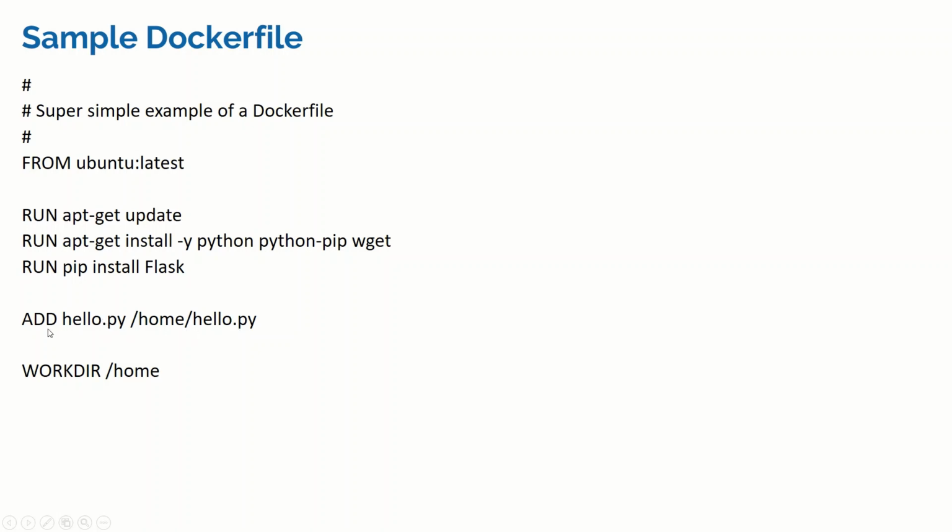So in particular, this command is copying the file hello.py from my local machine into my current Docker container containing the latest version of Ubuntu. And finally, it goes to set the working directory of my Ubuntu container to /home. So this is what this sample Dockerfile is.